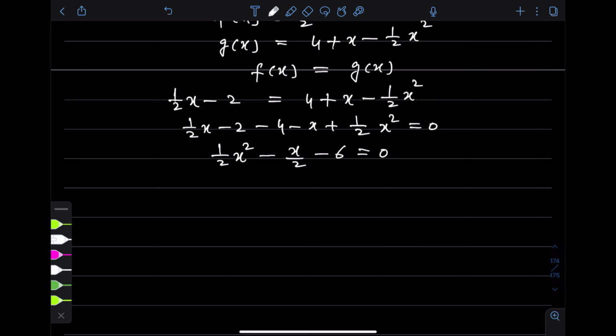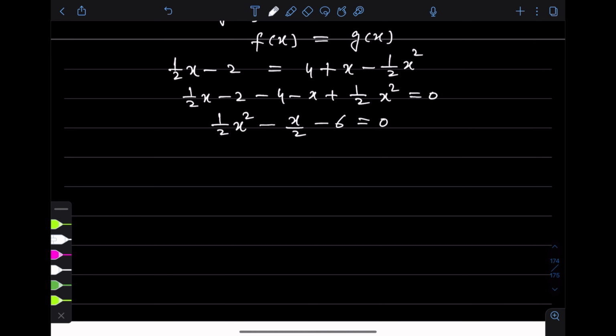This is a quadratic equation. We will solve this equation. First, multiplying each side by 2, this becomes x square minus x minus 12 is equal to 0.